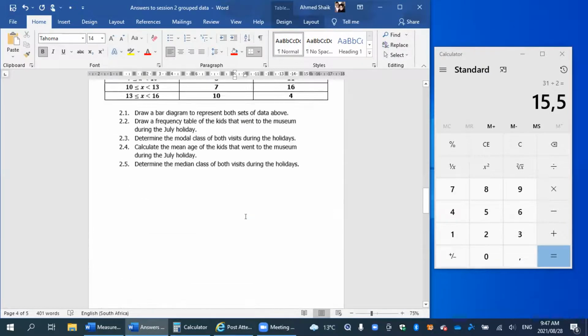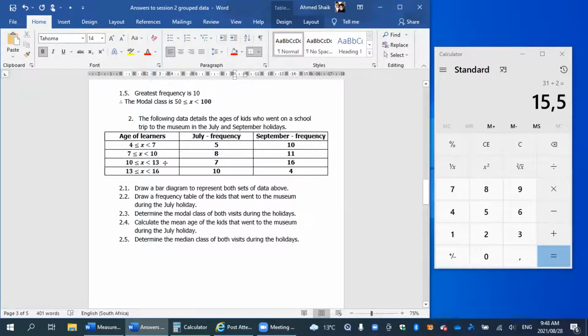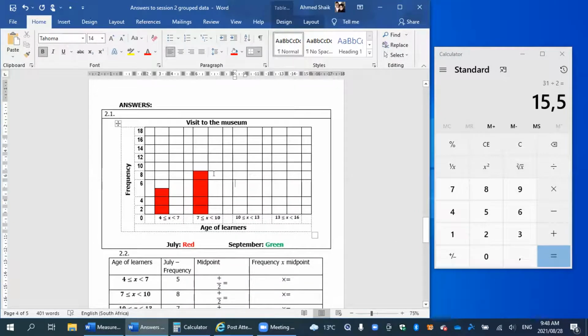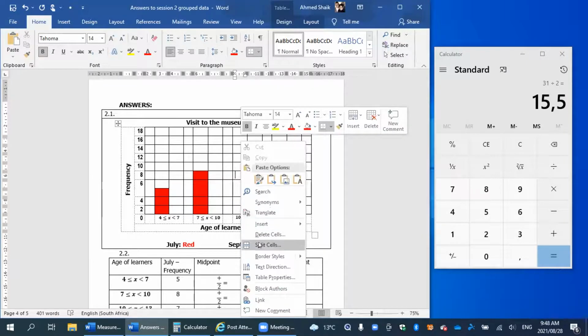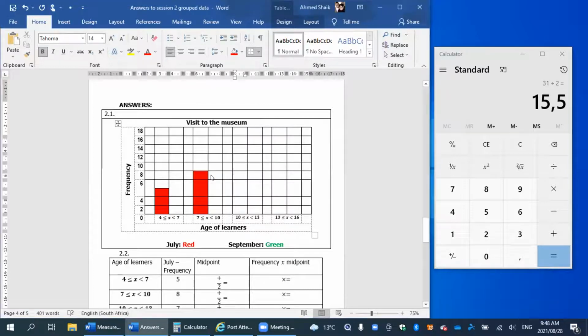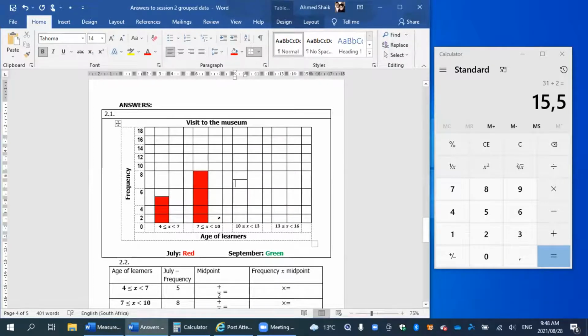Our second frequency given to us is 8. So again, here, and that is what our bar should look like.